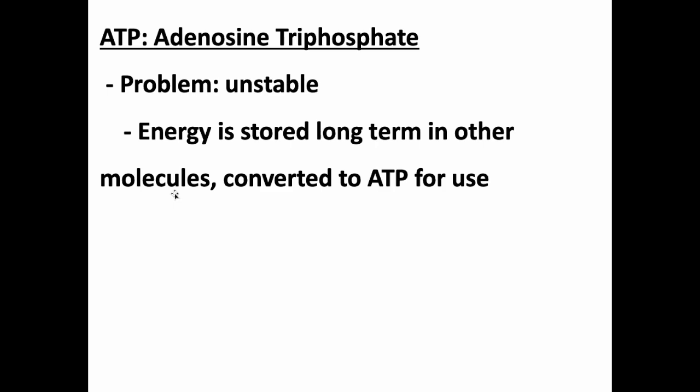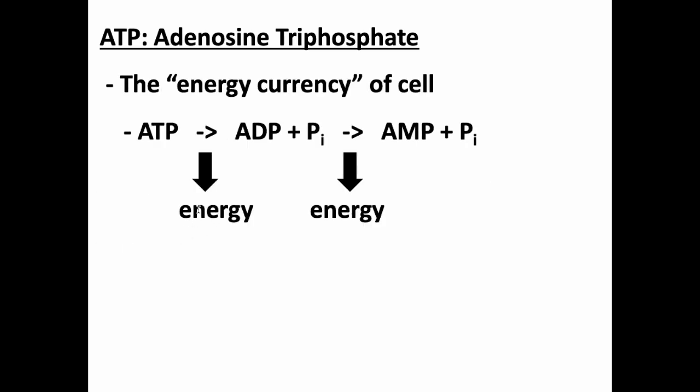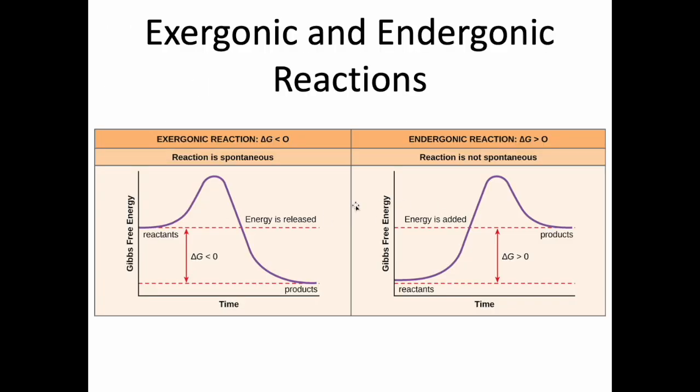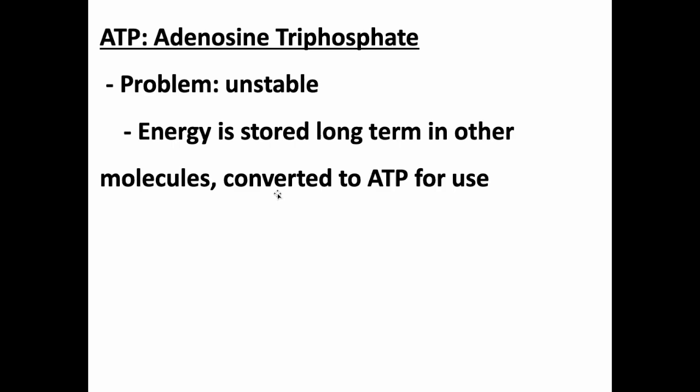Those things have a great shelf life. We're going to store our energy long-term in these other molecules, and then when we actually need the power to make endergonic reactions happen, we need to convert the energy in these long-term storage molecules into ATP so that we can actually use it.